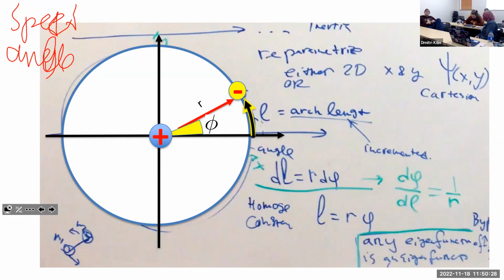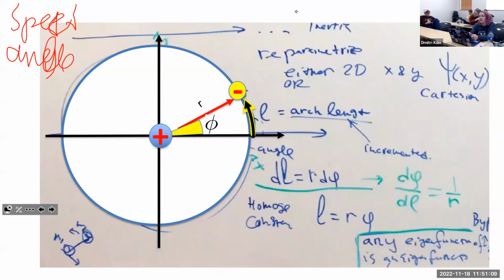Okay, angular momentum is L. Angular momentum is a cross product of two vectors. What are those two vectors? It's your momentum cross product with your position. Yes, position.